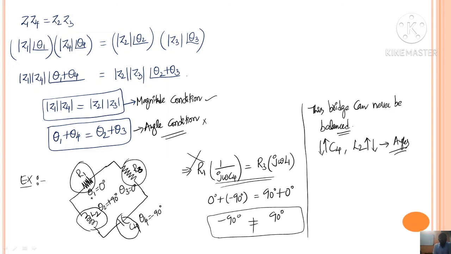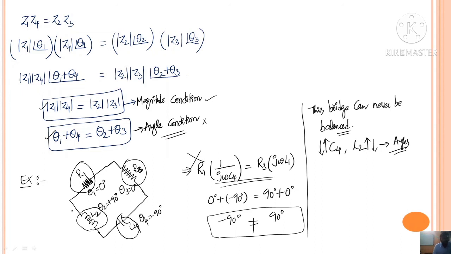This is the major difficulty that we may encounter when we want to balance AC bridges. We need to take care of the magnitudes as well as the angles. If both the magnitude condition and the angle condition are satisfied, then only the bridge will be balanced.